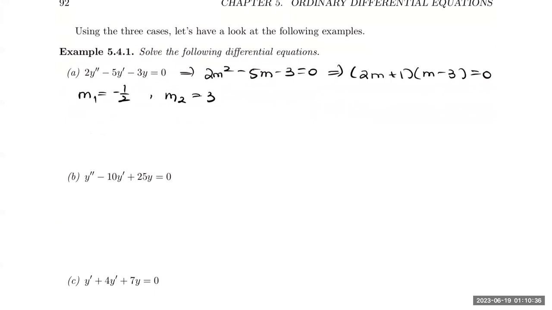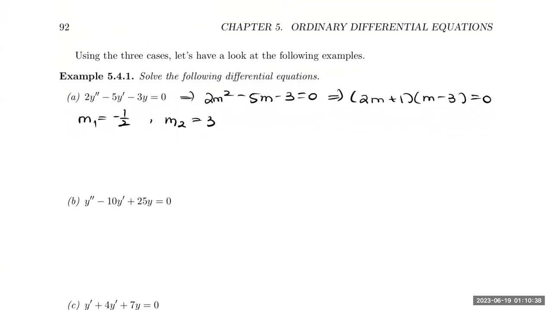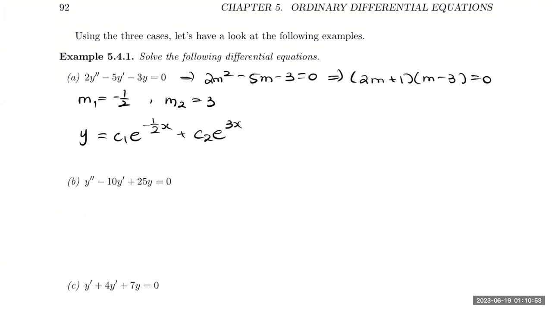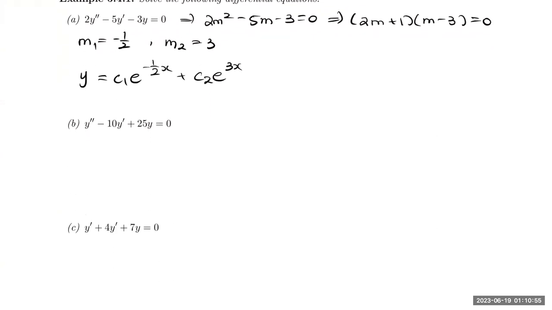So that means our solution of the differential equation will then just be y = c1 e^(-1/2 x) + c2 e^(3x). Nothing too bad here. Okay, let's have a look at the second one. Here we have y'' - 10y' + 25y.